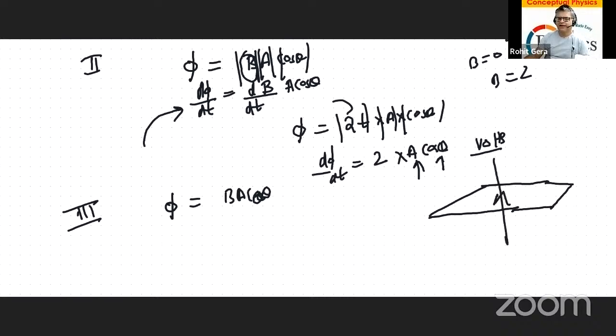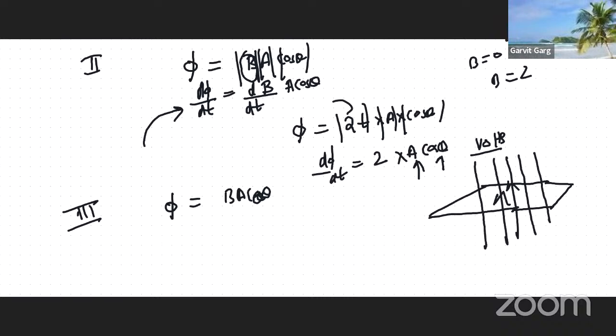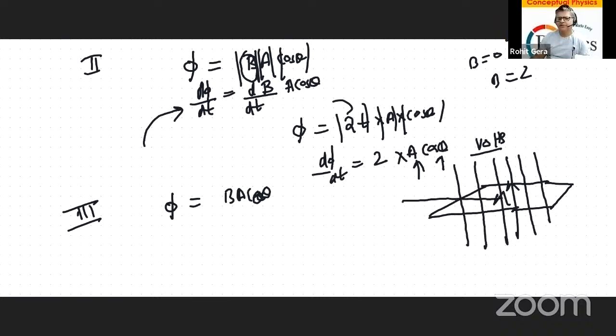Uniform magnetic field lines, equidistant. Fix this axis. You have to rotate it around this. So now rotate it, which means the area vector, which is this, will keep on changing. This is the area vector, the coil is rotating, so theta is changing.